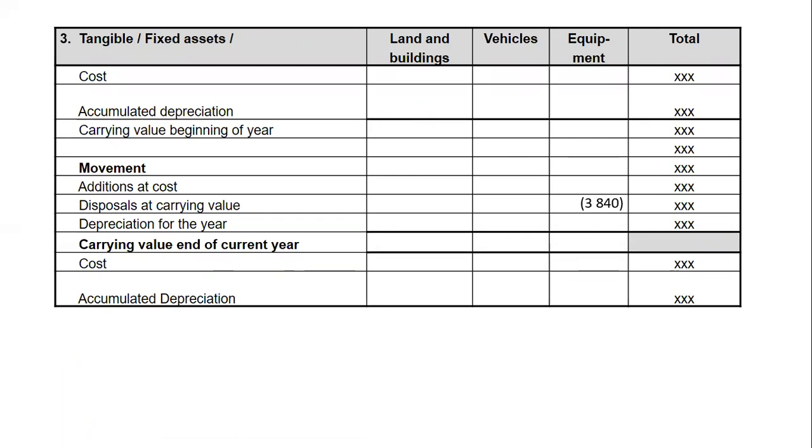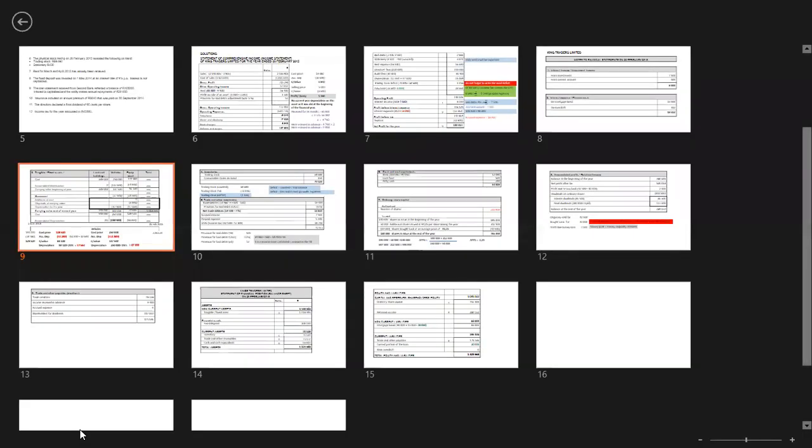Profit goes to the income statement. Here, it will be recorded at carrying value. Now, please note that that 5,000 rand that we spoke about actually goes to your trade and other receivables under trade debtors. So we are going to add the 5,000 rand under trade debtors. Let us go to trade and other receivables.